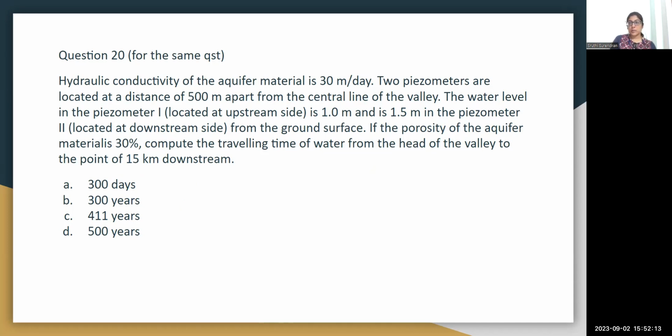So we had learned about that equation regarding traveling time, which is nothing but the distance traveled by the water divided by its velocity into porosity. So applying that equation, we will get the answer.